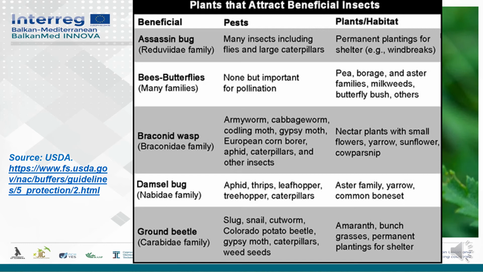And on the right side, the last column, you have the plants or the habitat that is suitable for this beneficial insect. And I see this as very interesting. For sure, we have not all the information here, but we have some of the most important groups of beneficial insects and their pests which they control, and as I said, the suitable habitat.